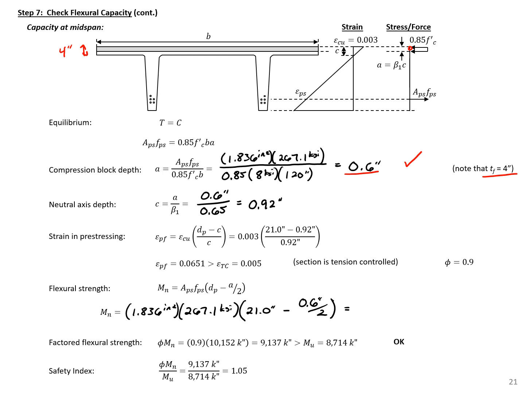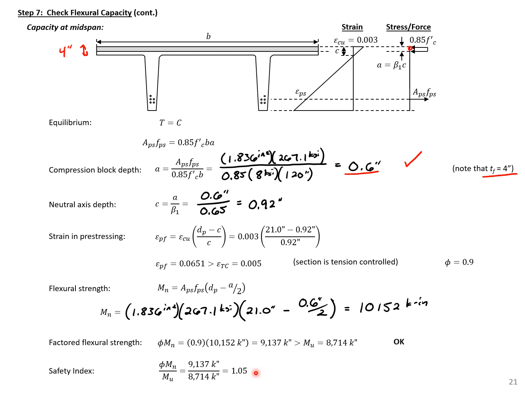And this will give us a moment here of 10,152 kip-inches. We can take that times 0.9 to give us our phi Mn, and then we can compare that phi Mn to our Mu. Here you can see phi Mn is greater than Mu, so at midspan we meet our design objective.